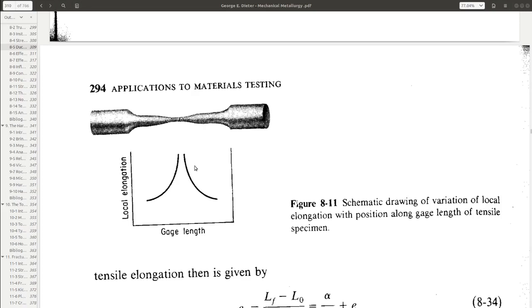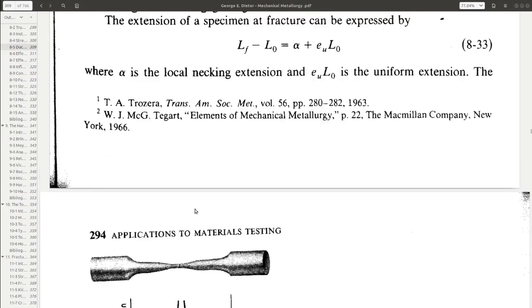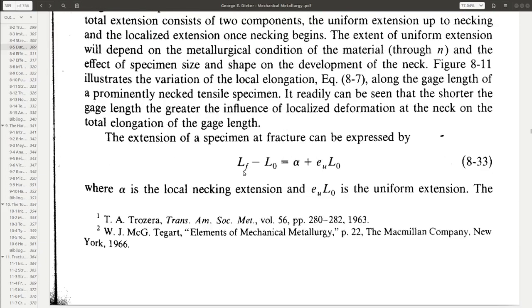Now if I write LF minus L0, where LF is the gauge length at fracture and L0 is the initial gauge length, then LF minus L0 is equal to alpha plus EU into L0. What is this EU into L0?